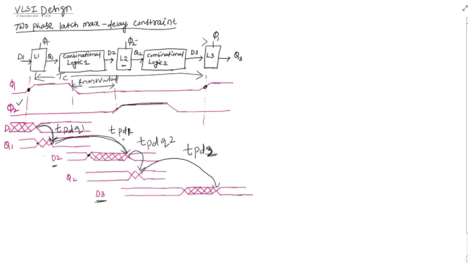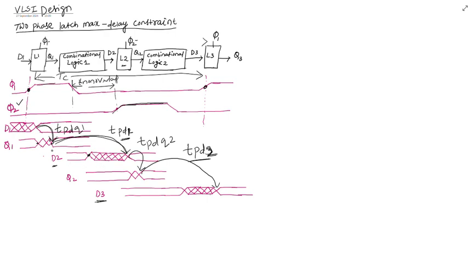TPD1 is the propagation delay of combinational logic 1. TPD2 is the propagation delay of combinational logic 2. TPDQ1 is the propagation delay of latch 1 when the data is flowing from D to Q1. TPDQ2 is the propagation delay of latch 2 when the data is flowing from D to Q2.